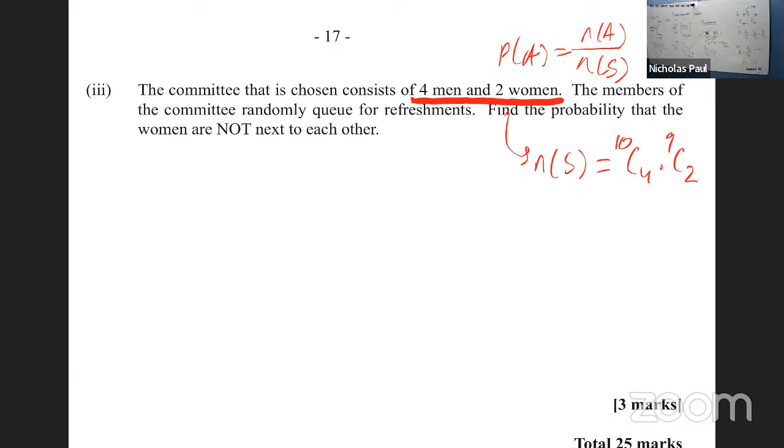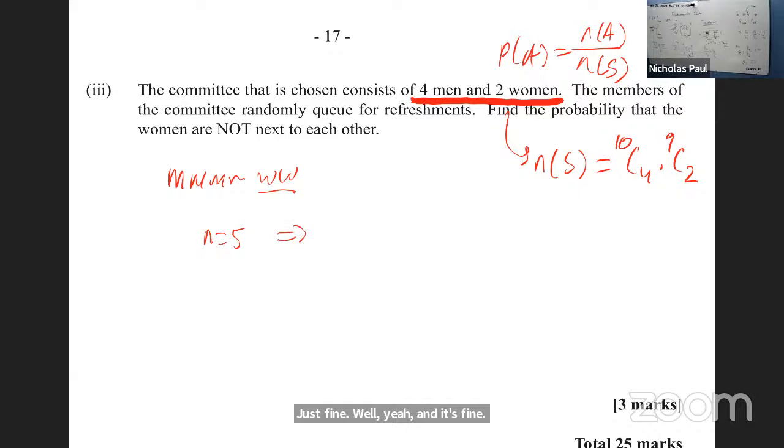So 4 men, and you treat the women as 1. How many arrangements do you have? Just 5, so n is 5. So would it be 5 factorial over 4 factorial, which is 5?